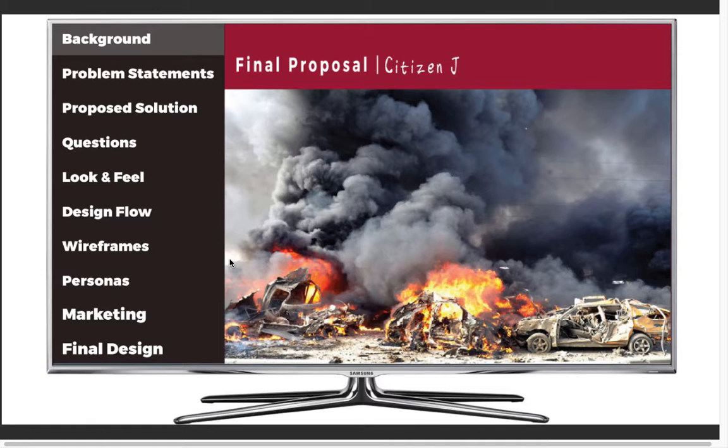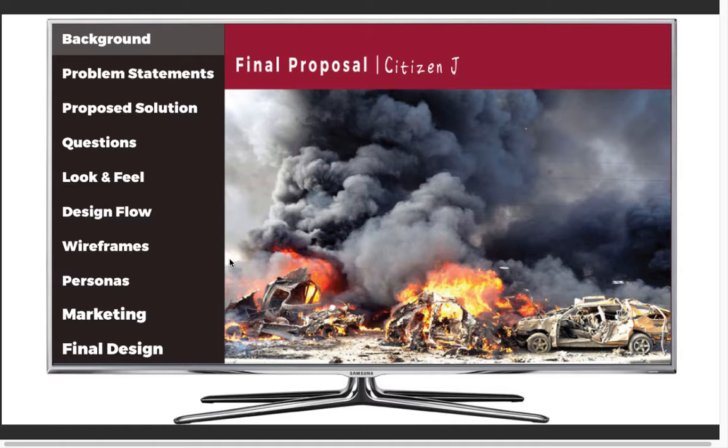With this proposal, these students wanted it to be more of a kind of citizen journalism. That's why it's called Citizen J, with the J for journalism, where you can go and shoot video and pictures in your community and upload here, and other people can go and see what's happening, right?